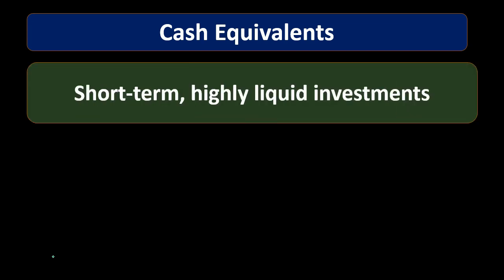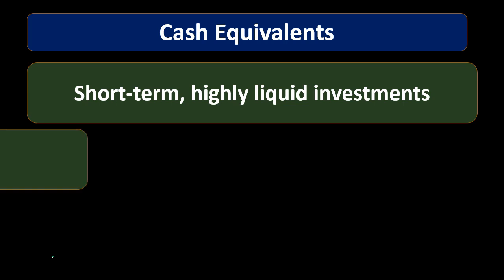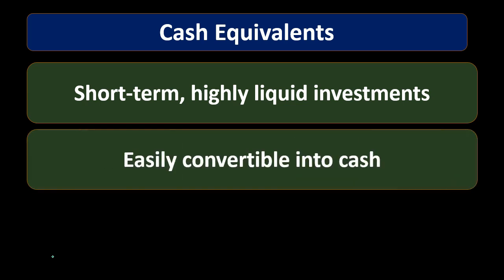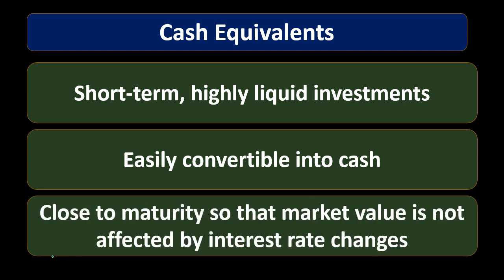And then we've got cash equivalents. We could have some things that are highly liquid, very close to cash, that may be included in cash as well. So short-term, highly liquid investments, things that can be converted into cash very quickly, possibly would then be cash equivalents and included in our statement of cash flows. Easily convertible into cash, things that are going to be changed to cash very easily.